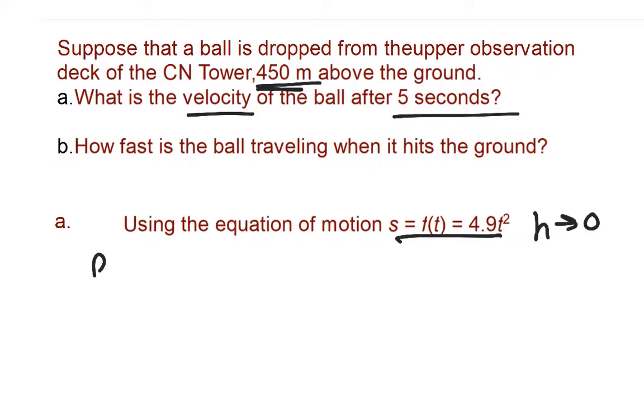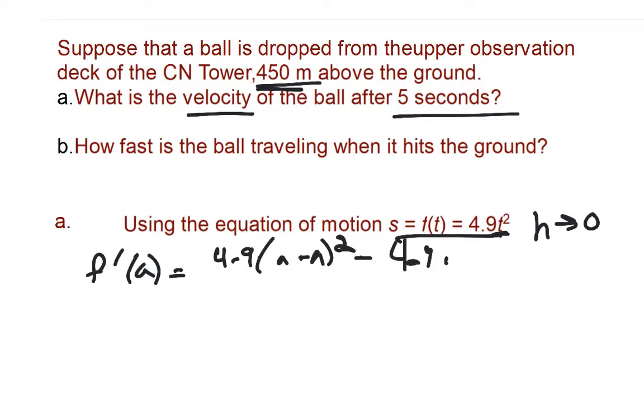So our derivative, f prime of a, that's the derivative notation, is equal to 4.9 times the quantity a plus h squared, minus 4.9 a squared, all over h.